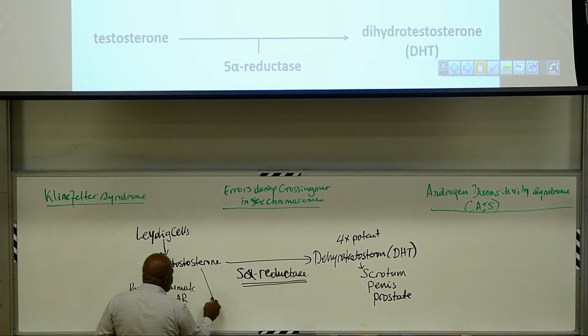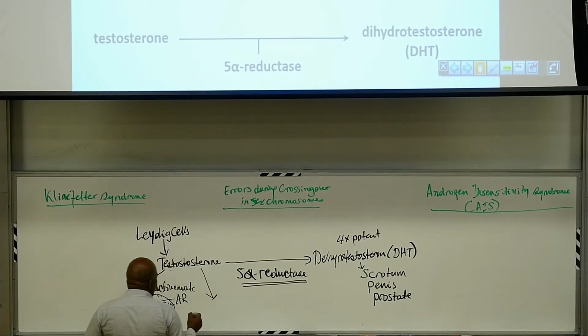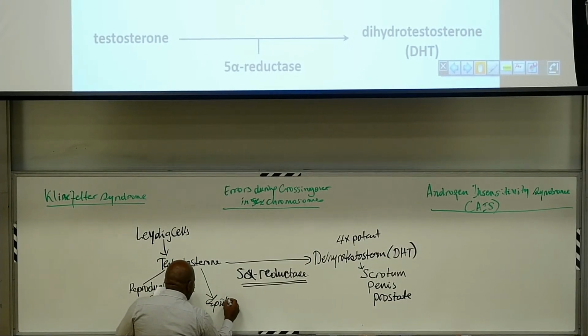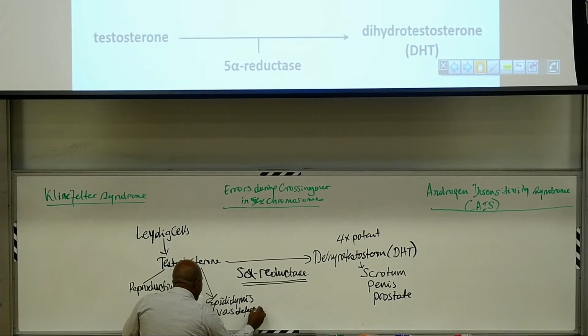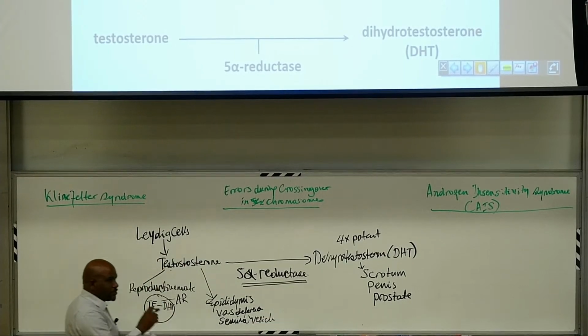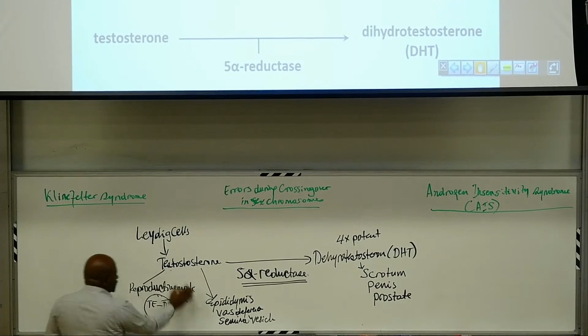The other parts which are targets for testosterone are, for example, the epididymis, the vas deferens, and the seminal vesicle. These are the sites of action of testosterone.